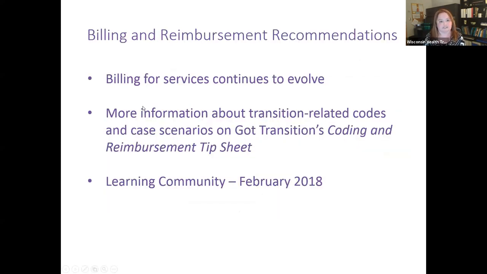Just to comment on the billing and services, because I think this is always a hard thing to put anywhere in a report, the payment and billing process. Where they talk about it, they're talking about that it's a continuing evolution.